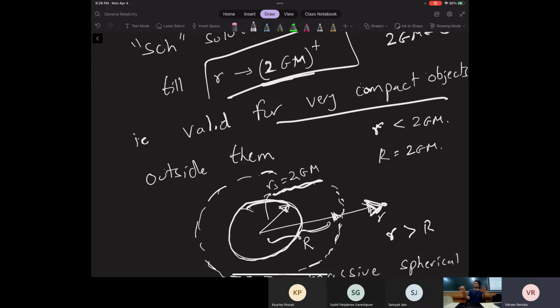The gravitational field doesn't have to be weak. I could be close to a neutron star or close to a black hole.